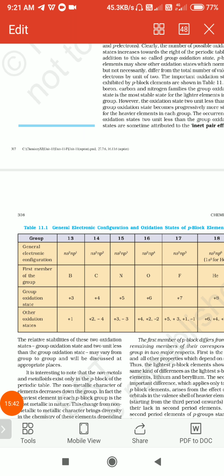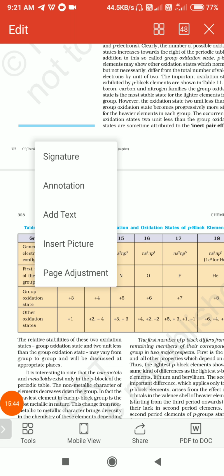So oxidation state is nothing but attaining the octet rule: either losing of electrons takes place or gaining of electrons takes place. That is called the octet rule. 8 electrons are definitely needed. What to do for that?